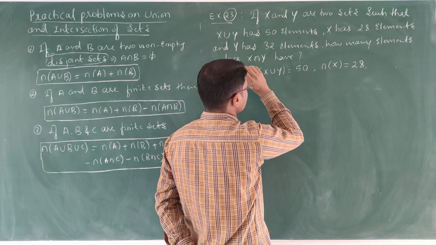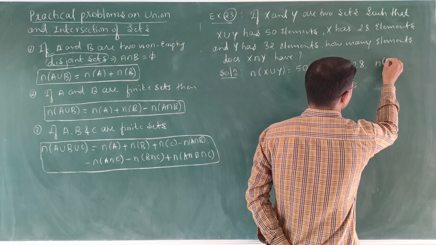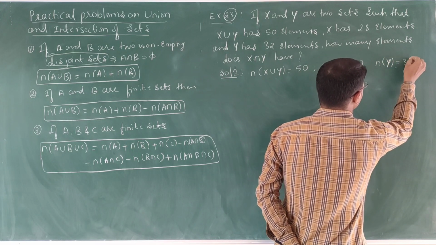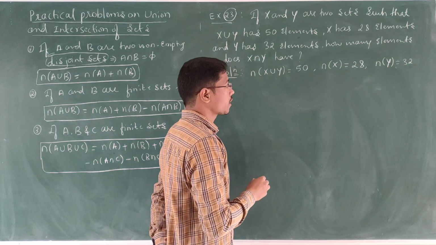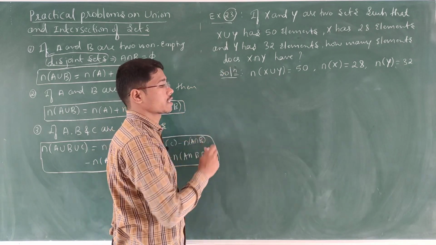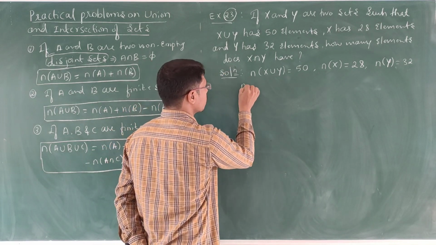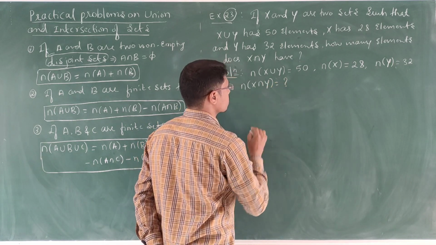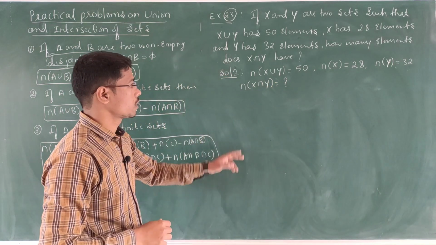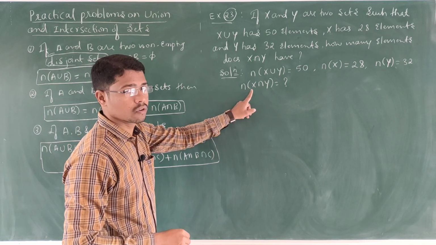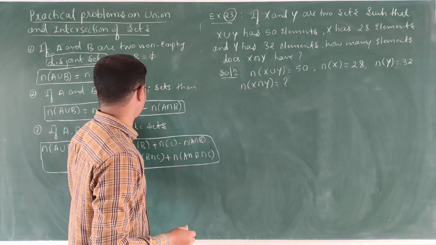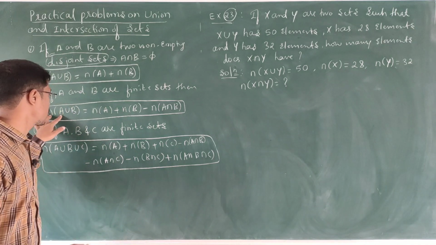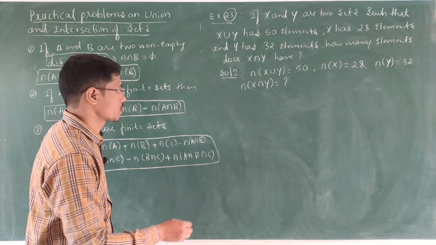Y has 32 elements, the number of elements in set Y is 32. Then, how many elements does X intersection Y have? That is, the number of elements in X intersection Y is equal to question mark. So we know three quantities, only one is unknown, and we have to find this one. For that, I will use the formula for the number of elements in A union B.